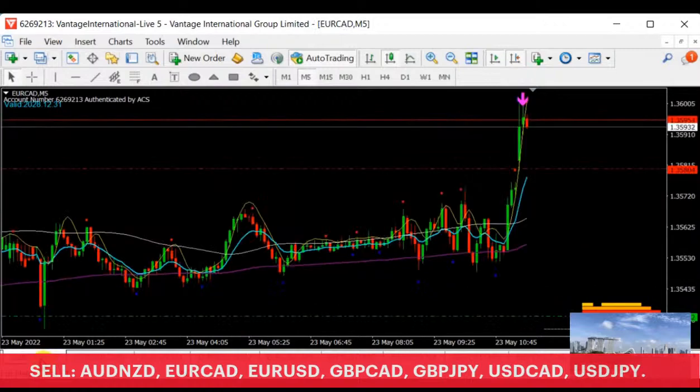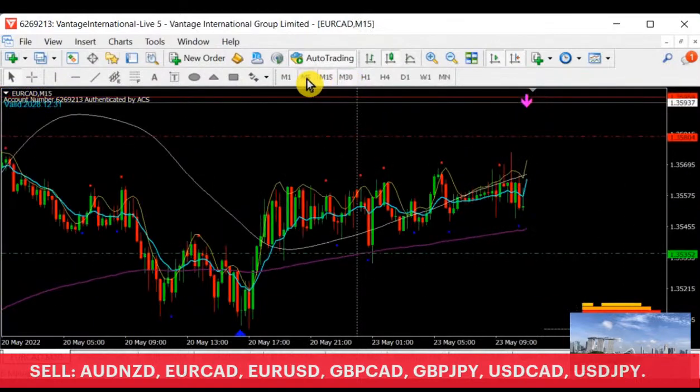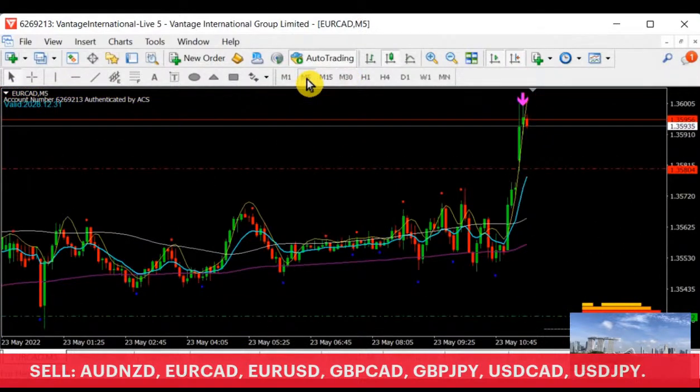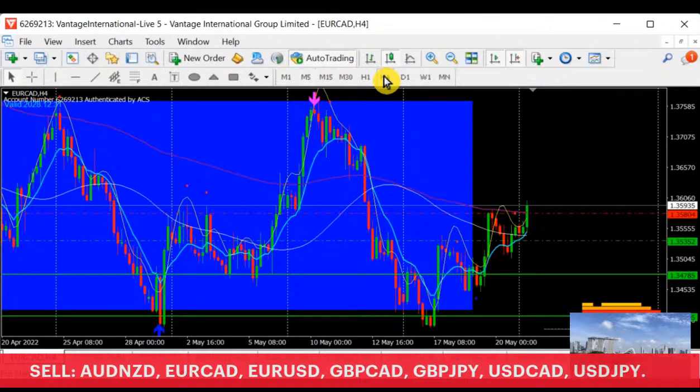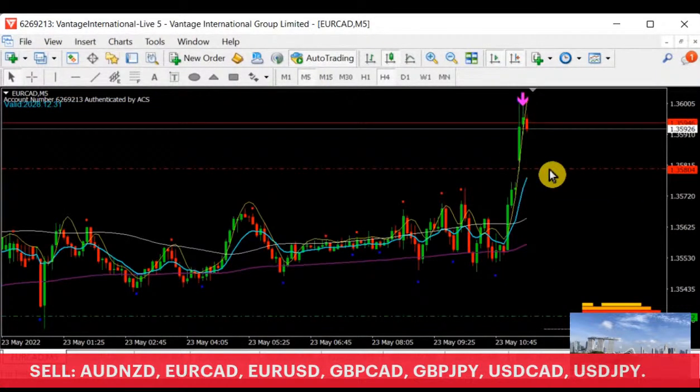Yes, euro CAD. Let's take a look. Right now euro CAD is not very ideal. It has zoomed up. Is it testing the resistance? Now it's testing the resistance already. Let's say in M5, this is the previous resistance.